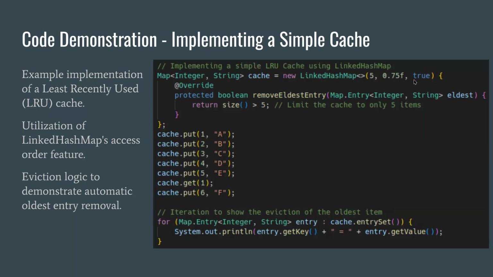You want to set this to true to automatically move the most recently accessed items to the end of the list. When the cache reaches capacity, the oldest entry can be removed first. It demonstrates efficient cache management.